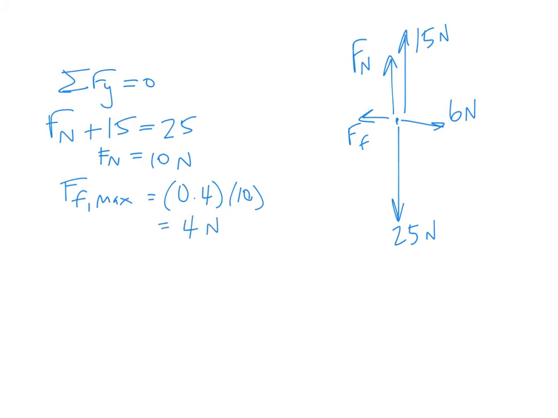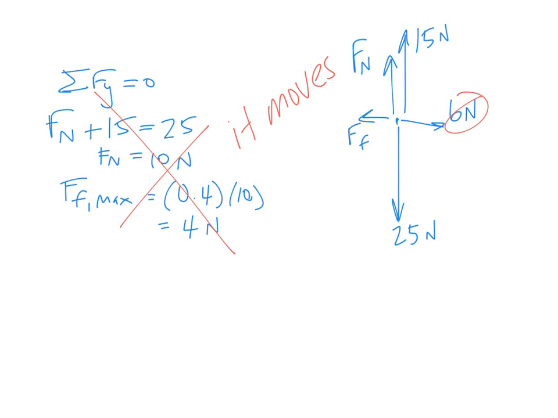If I pull with 1 newton, it can pull back with 1. If I pull with 3.5 newtons, it can pull back with 3.5. But I am pulling with 6 newtons of force. That's too much for friction to handle. So all of this information is not valid because it moves. And so this is no longer the correct information to be working from.